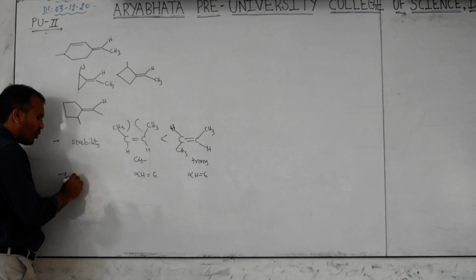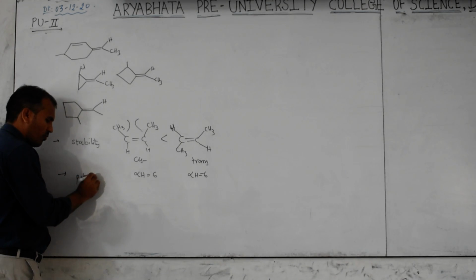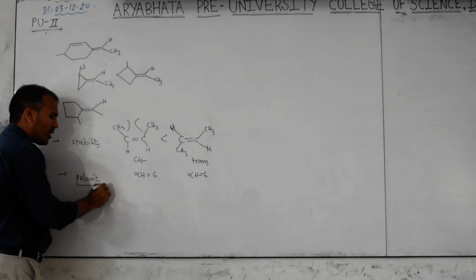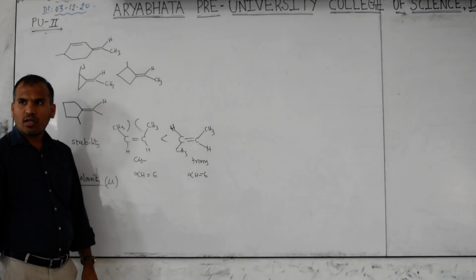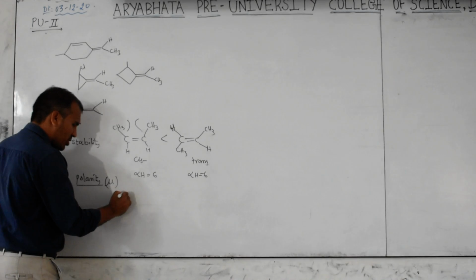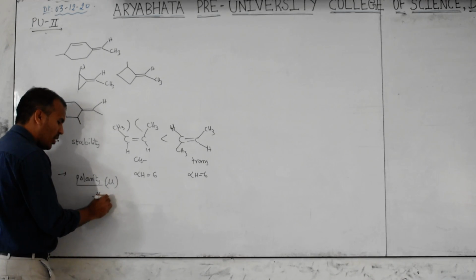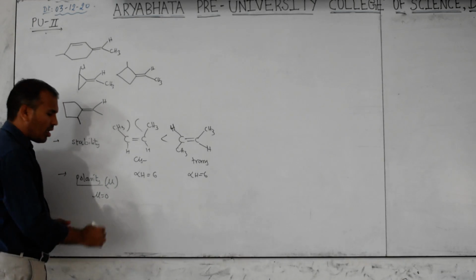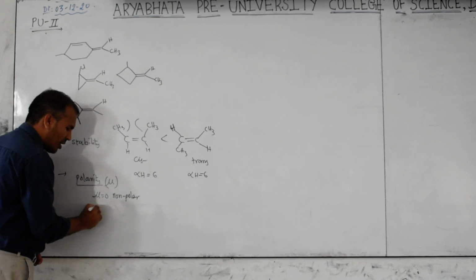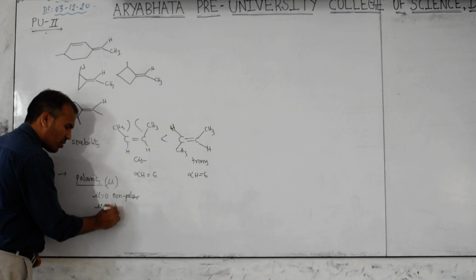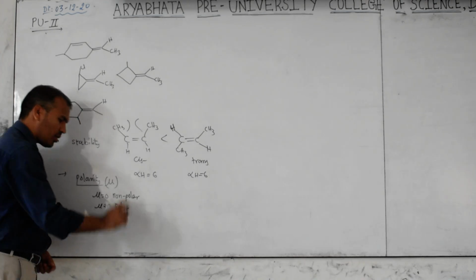Now, polarity. Polarity is related to which one? Mu, dipole moment. Dipole moment equal to 0 is called non-polar. Dipole moment not equal to 0 is called polar.